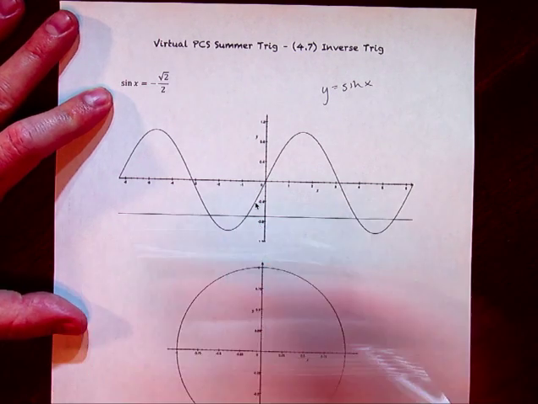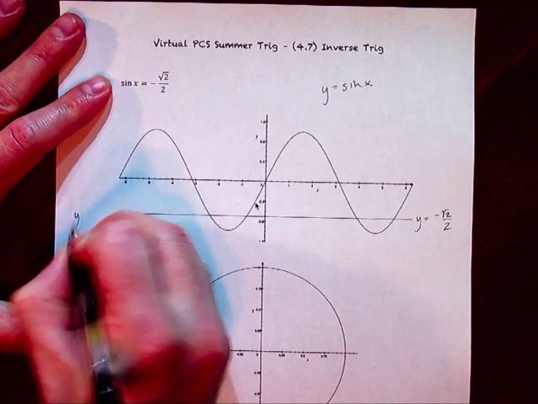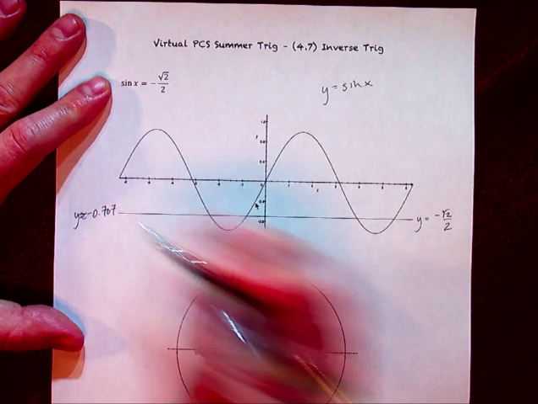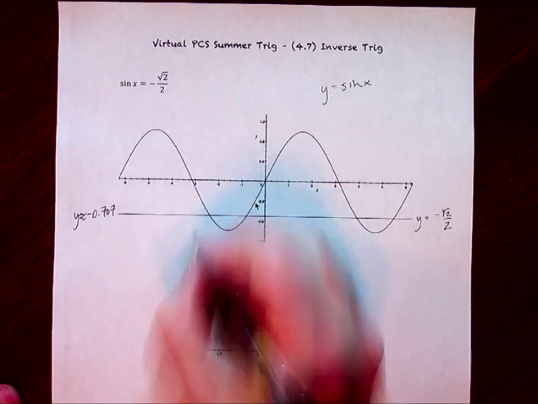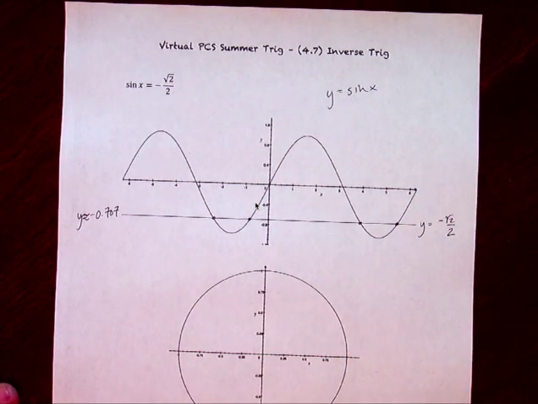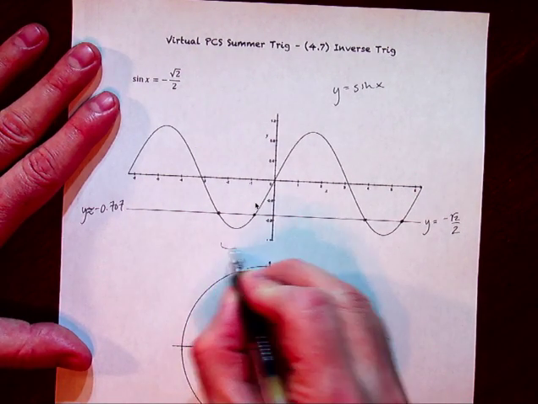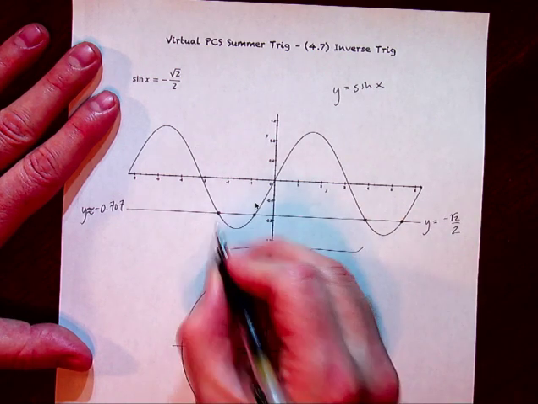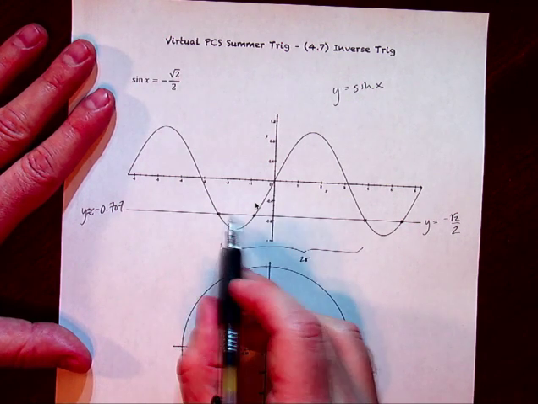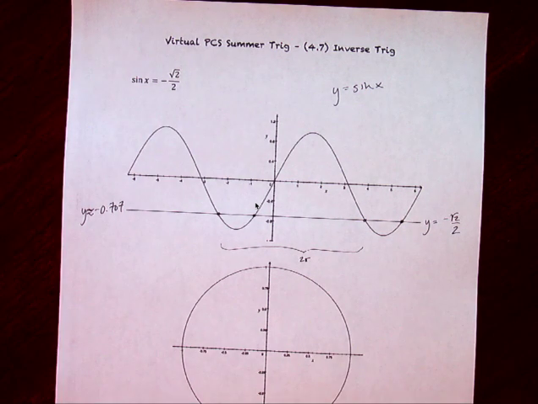We can draw in negative root 2 over 2, which is approximately negative 0.707. You notice that it intersects the sine function at regular intervals, because of the periodic nature of the function, those points of intersection happen every period. But notice that the distance between these two is not the same as the distance between these two, right? So I need to actually find both of those.